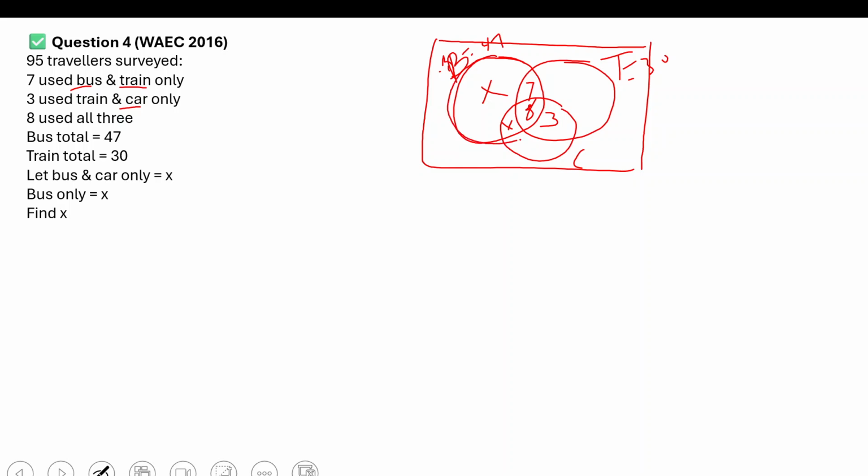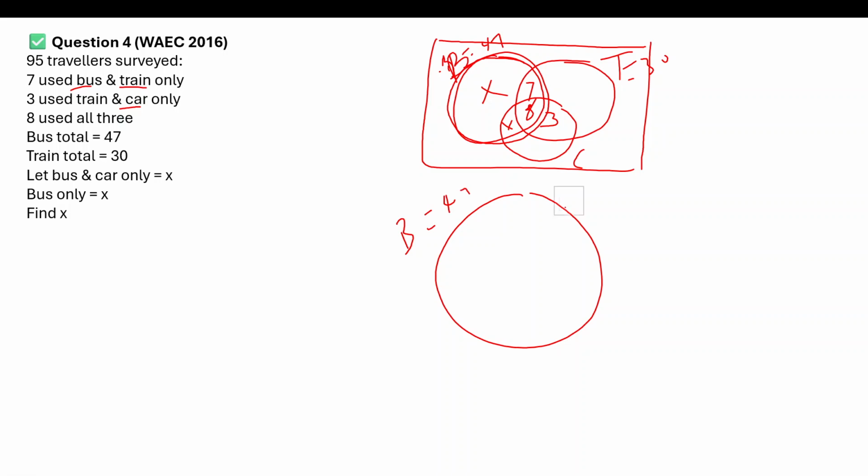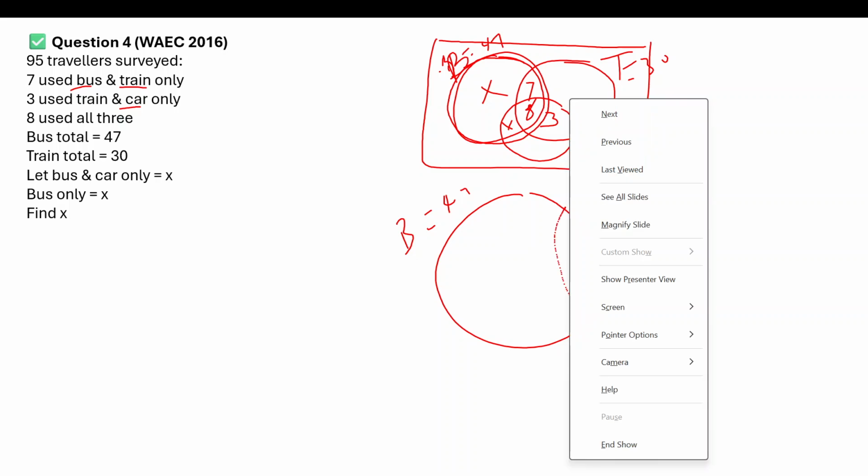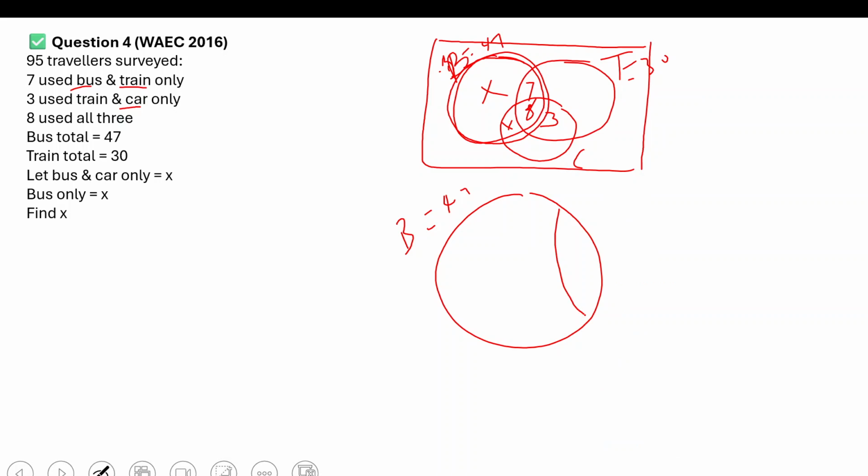This particular set. So I can bring it out separately and say bus is equal to 47. Sorry, I want to bring it out so that you can know. So this is 8 here, this is 7 here, then this is X here, this is X here.